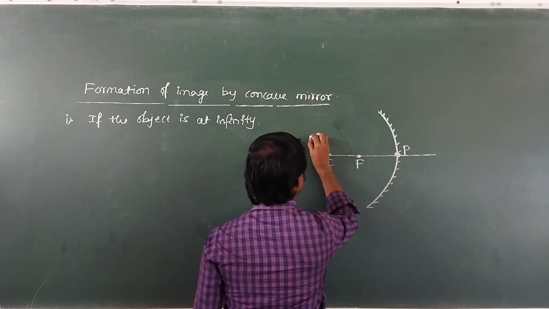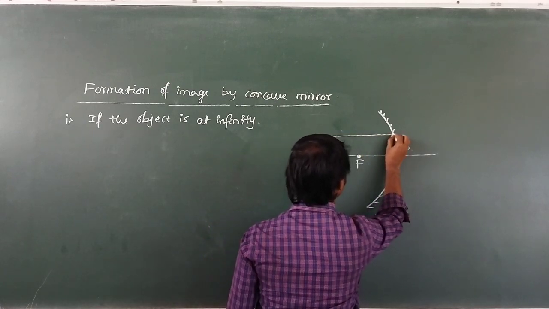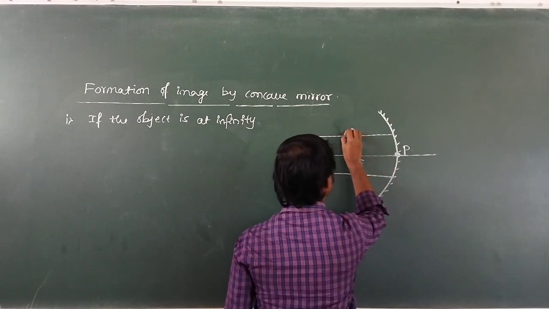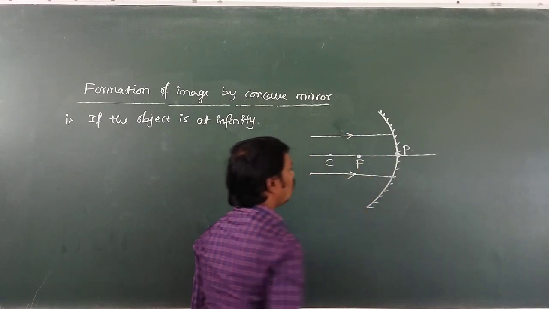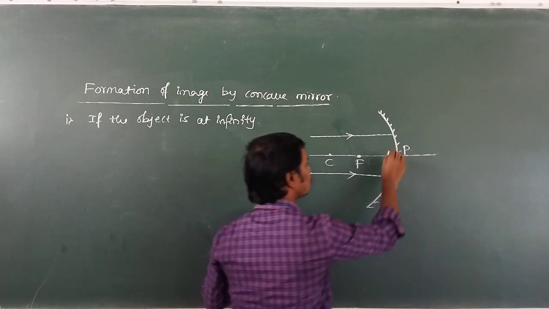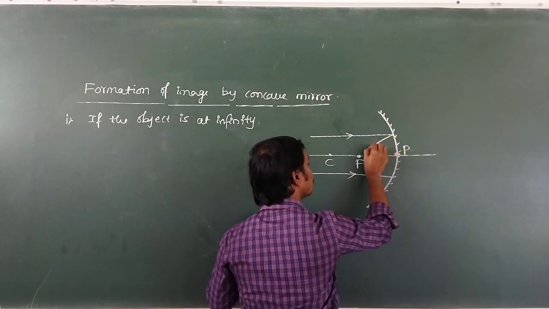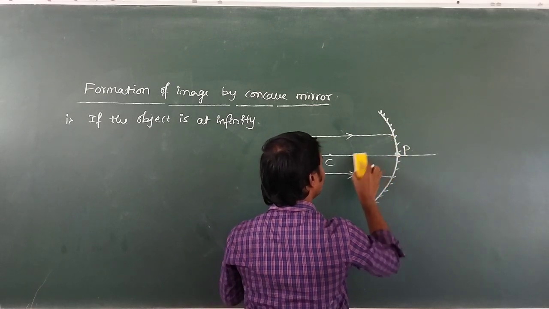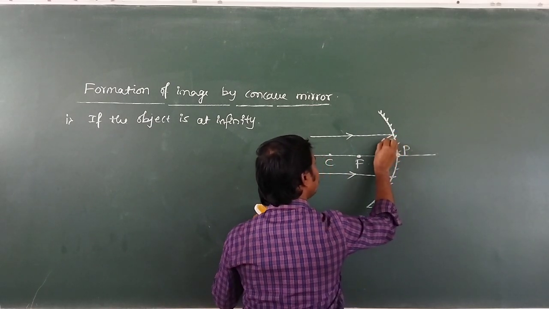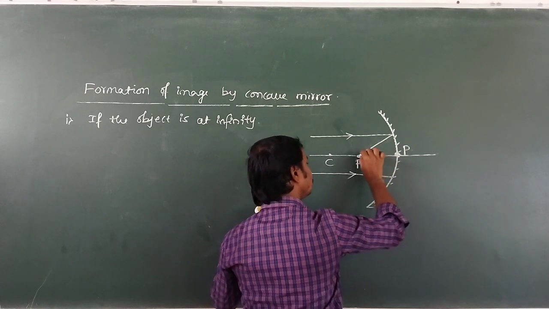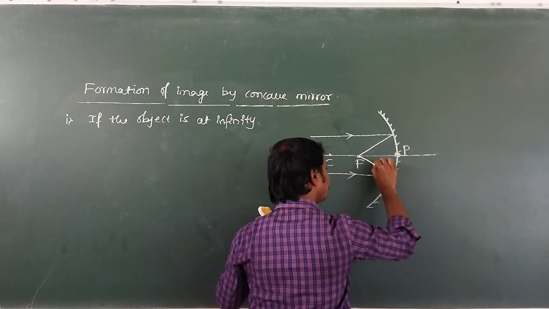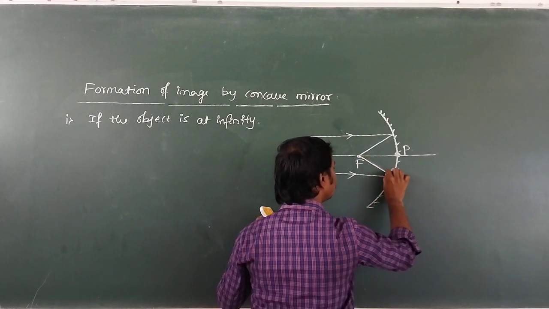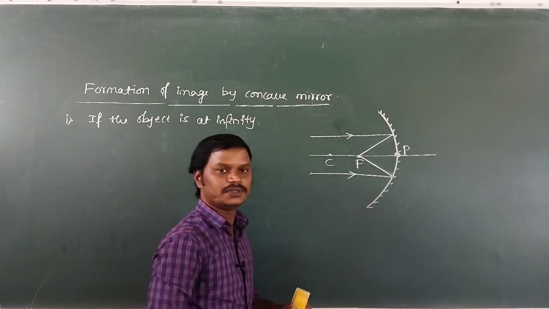So these are the rays coming from the object which is at infinity, and these rays are parallel to the principal axis. And after reflection, these rays will meet at focus. Where these rays meet, at that position we will get the image of the object.